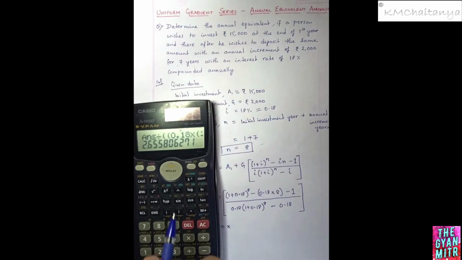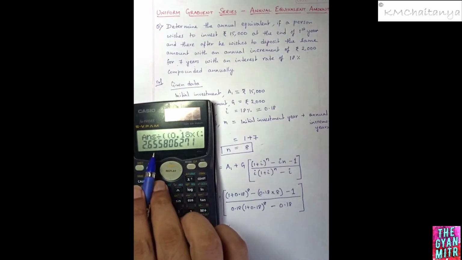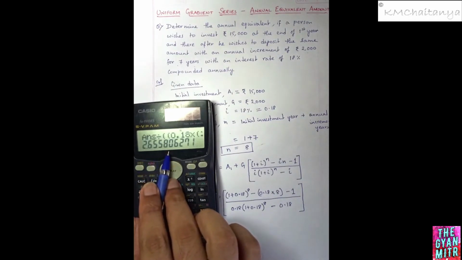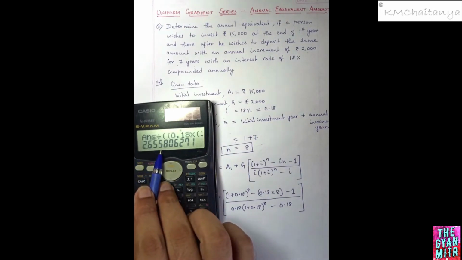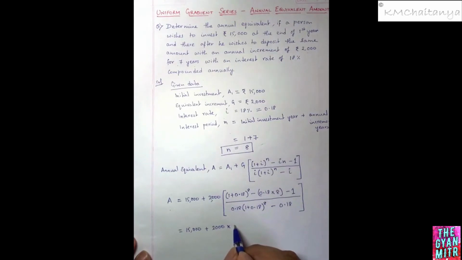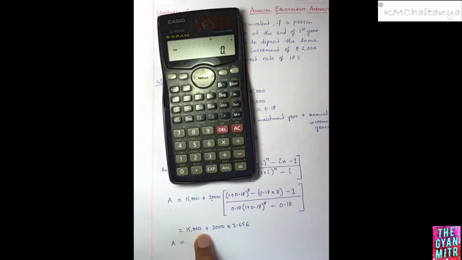This gives us 2.658. So I'll consider it as 2.656. So this value is 2.656, which gives us the annual equivalent of 15,000 plus 2,000 multiplied by 2.656.